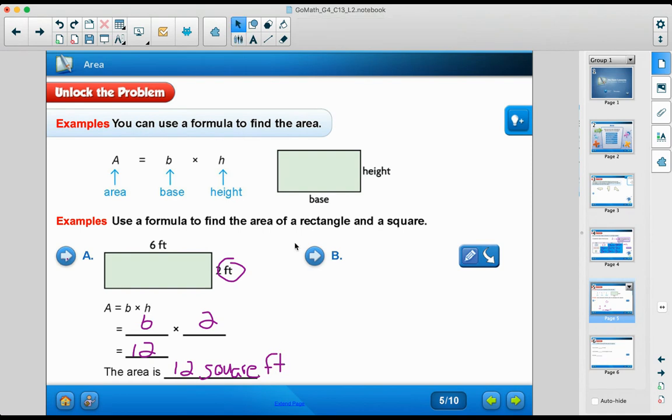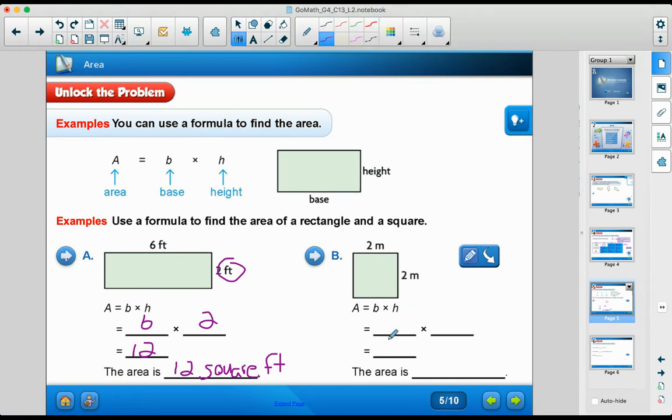Okay, next one. Here we have a square. Our square is our base times the height. So our base is 2. Our height is 2. 2 times 2 is 4.